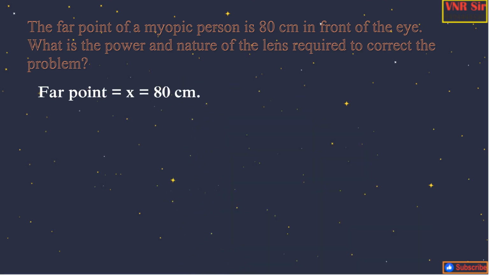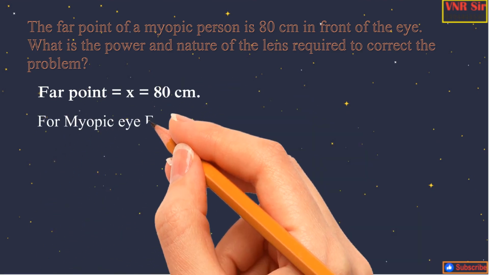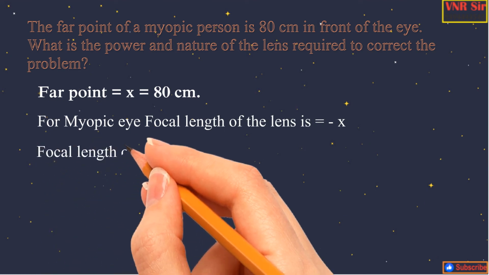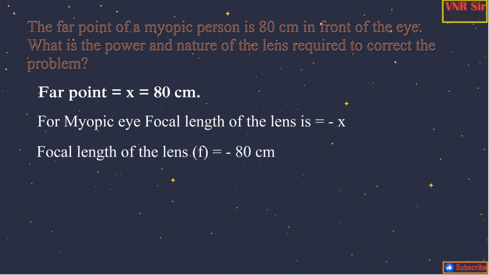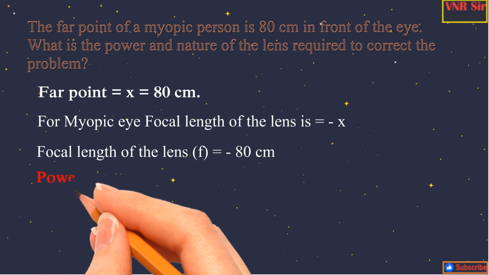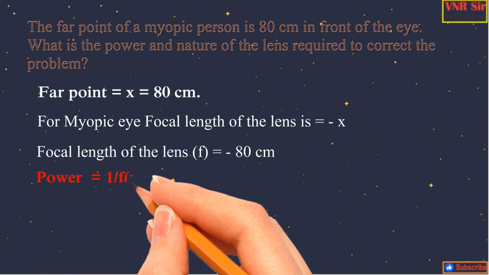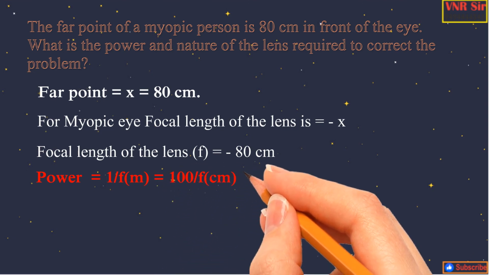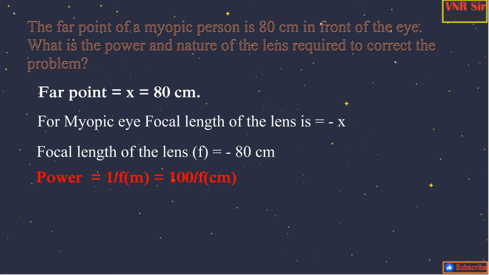For a myopic eye, the focal length of the lens is equal to minus x, as we have already seen. Therefore, the focal length of the lens is equal to the far point of that person, that is minus 80 centimeters. Then how to calculate power? Power is equal to 1 by focal length if the focal length is in meters. If the focal length is in centimeters, then it is 100 by f. That is the formula for power and focal length.